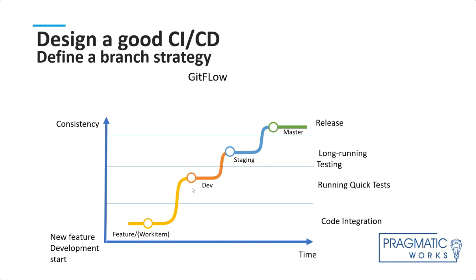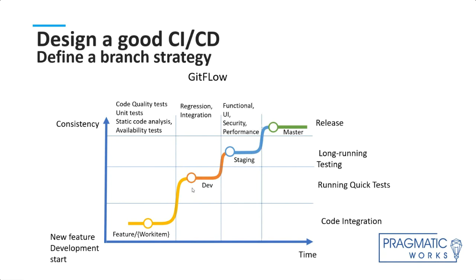Let's have a look at how our testing pyramids and quality gates map to this. On the feature branch, we're mostly running code quality tests, unit tests, static code analysis, and availability tests. On the dev branch, we're mostly running regression and integration testing, which are very quick, and we can run them on every commit to the dev branch.